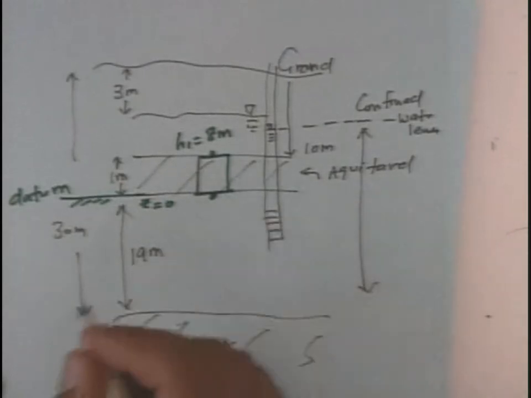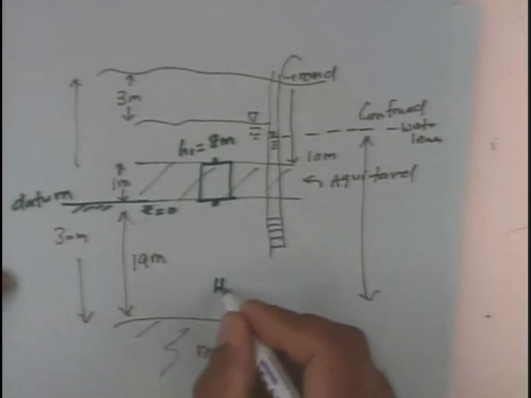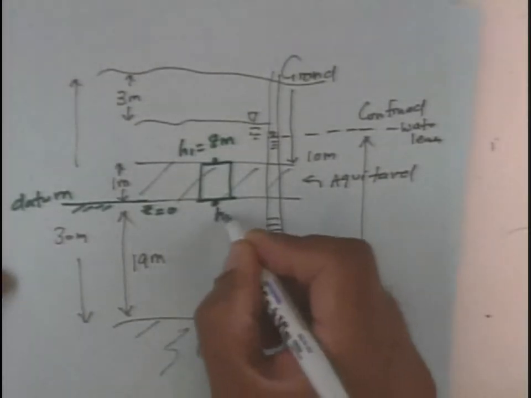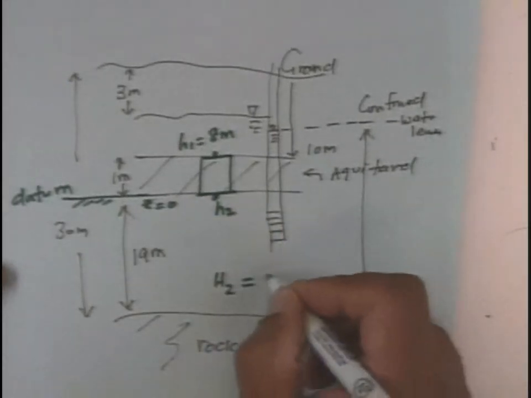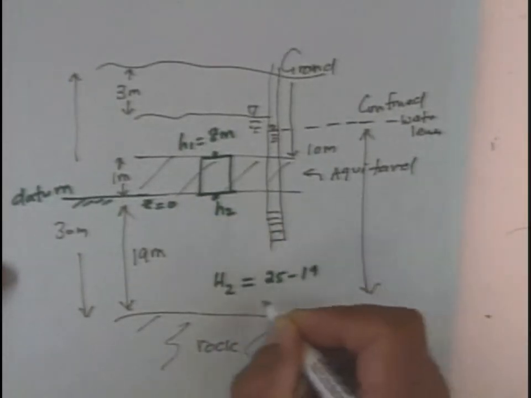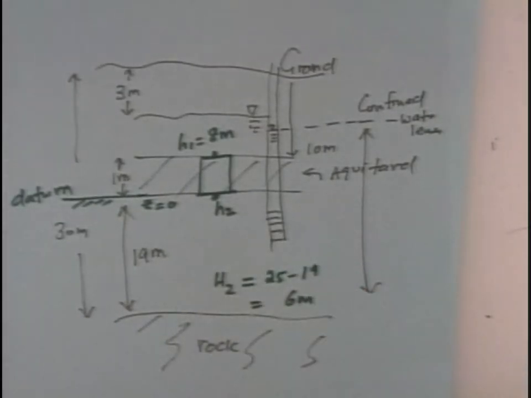So the inlet pressure is H2. So H2 is equal to 25 minus 19, which is equal to 6 meters. Is that right?